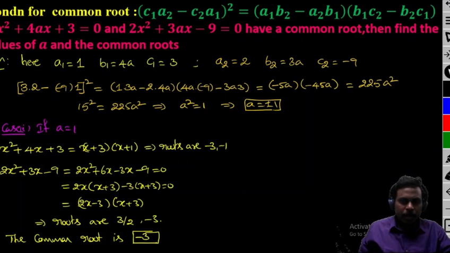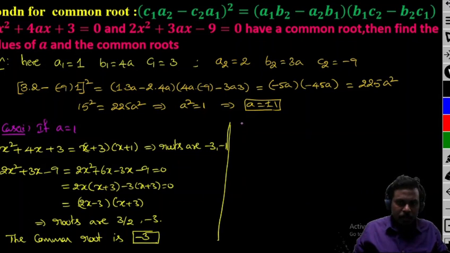Okay, now let me do the second case, the case 2. Case 2, if a is equal to minus 1, then the first equation becomes x square minus 4x plus 3.